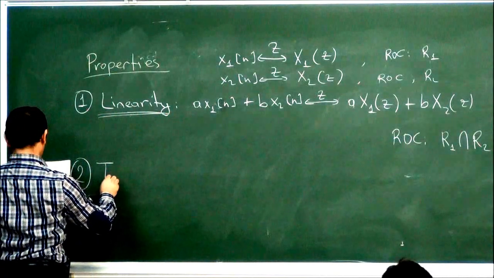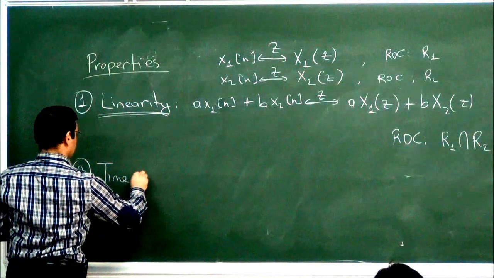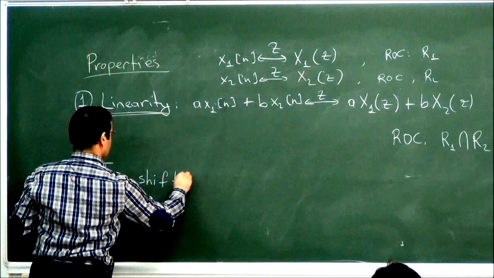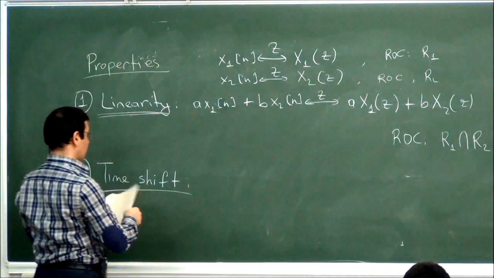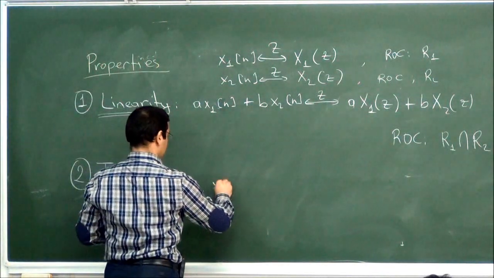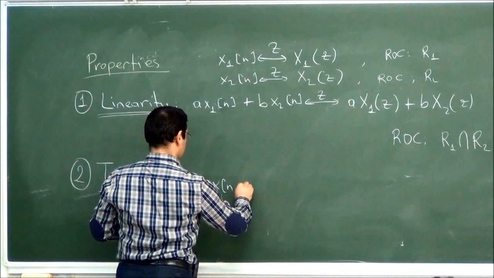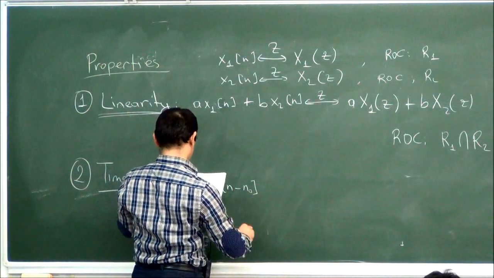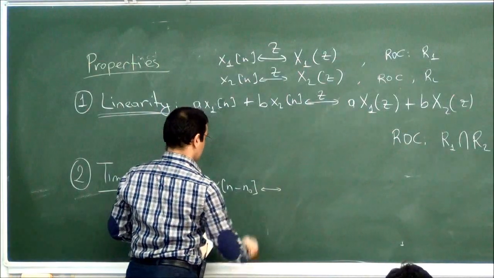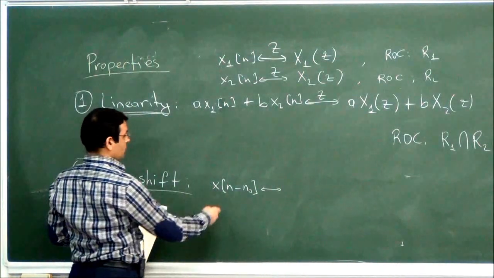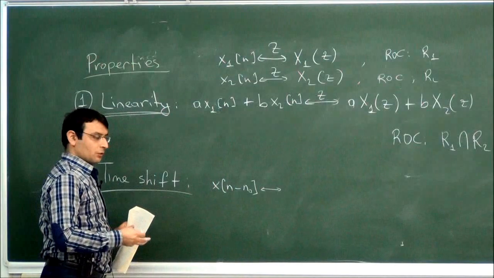The other one is time shift. Let's say the Z transform of x[n] is X(z), with region of convergence R, which is given.